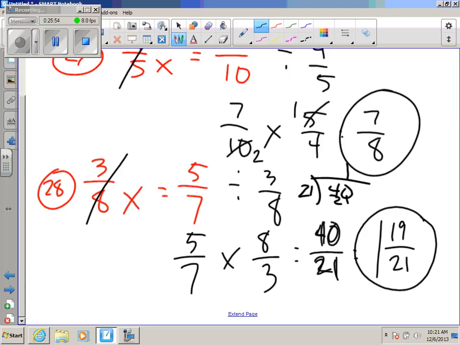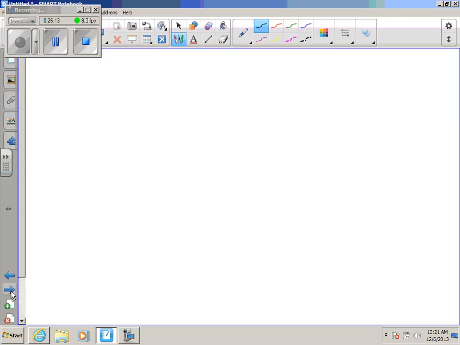One time. When I take that 21 away from 40, I get 19 left over. See, 19 is still less than the 21, which means I can't fit the 21 into 19. Okay? And then finally, there's one that's a little bit different.